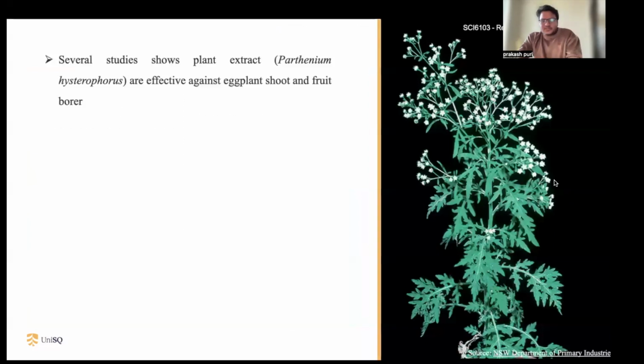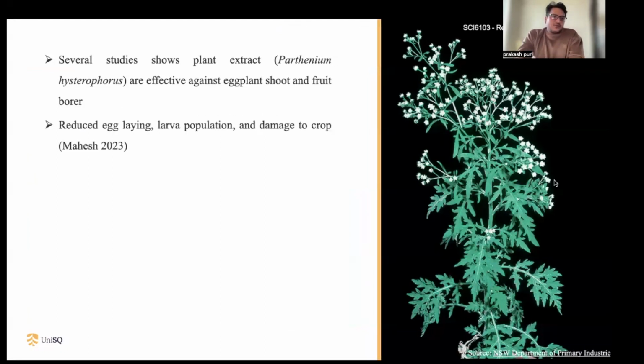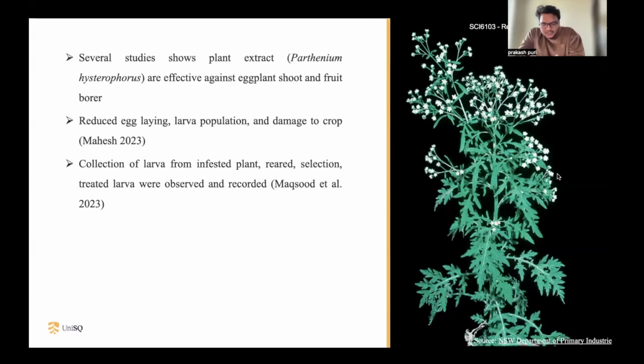Several studies show that Parthenium hysterophorus plant extract is effective against the eggplant shoot and fruit borer. The extract helps to reduce egg laying, larva populations, and damage to the crops. Collection of larvae from infested plants: we collect the larvae from infested plants, rear them, select from the reared larvae, and treat the selected larvae with solutions of different ratios.